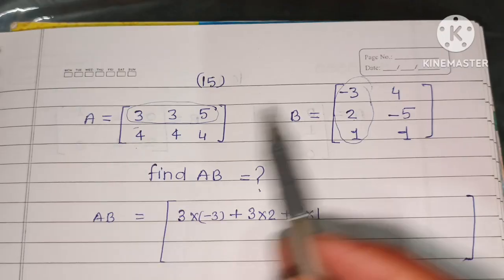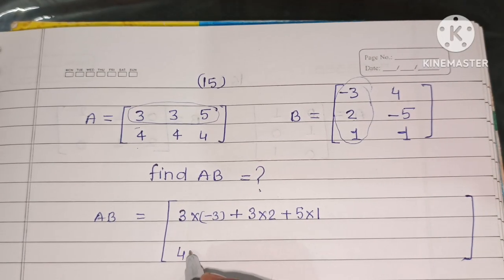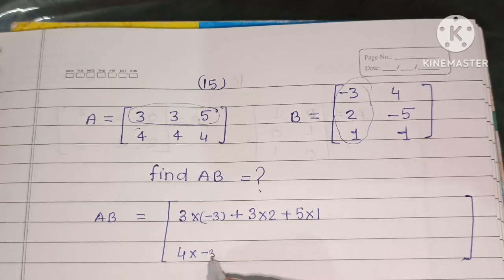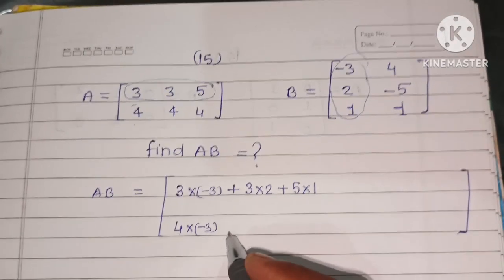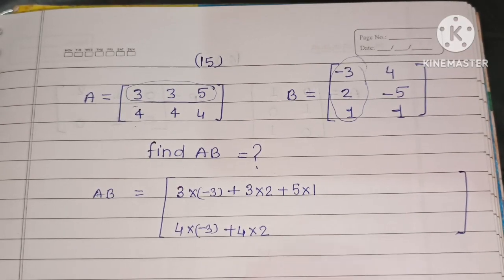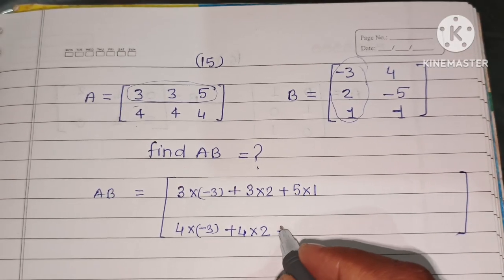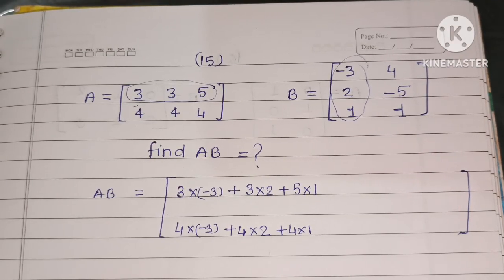Once again this multiply by this, so 4 into minus 3 plus 4 into 2 plus 4 into 1.